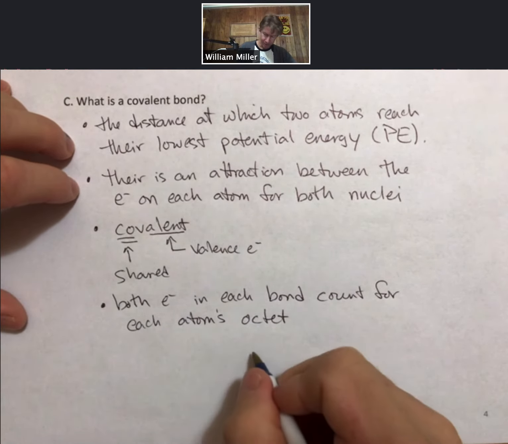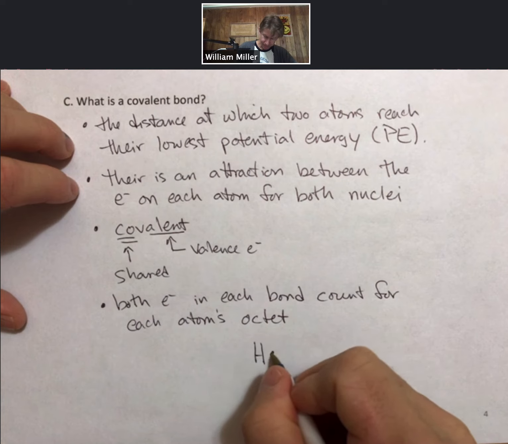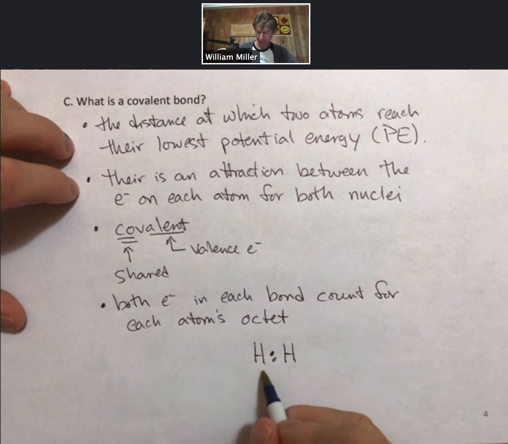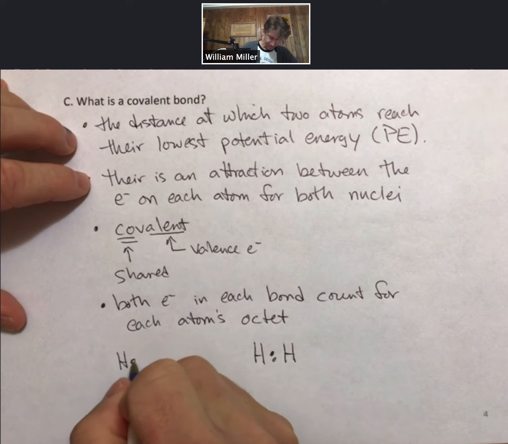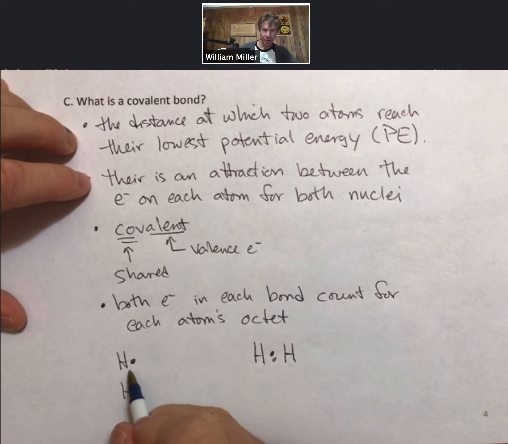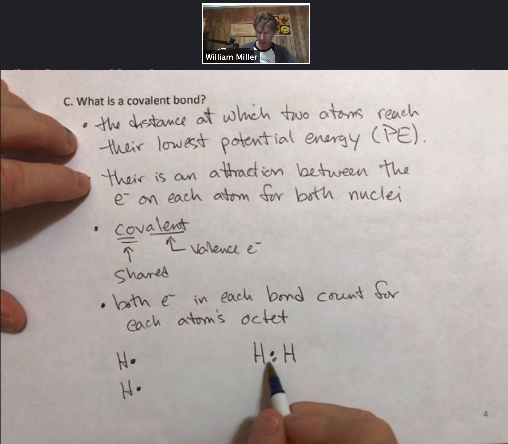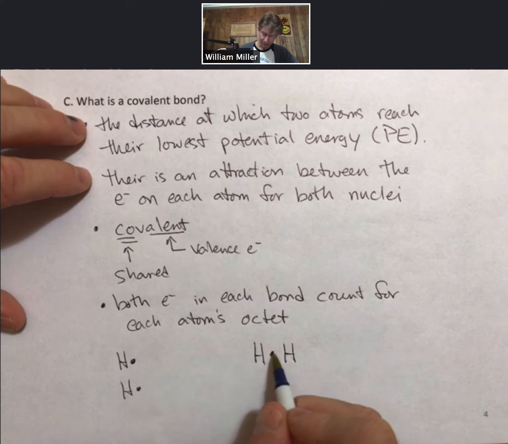And so, when I draw H2, we have two hydrogen atoms. When they form a covalent bond, they will have two shared electrons.